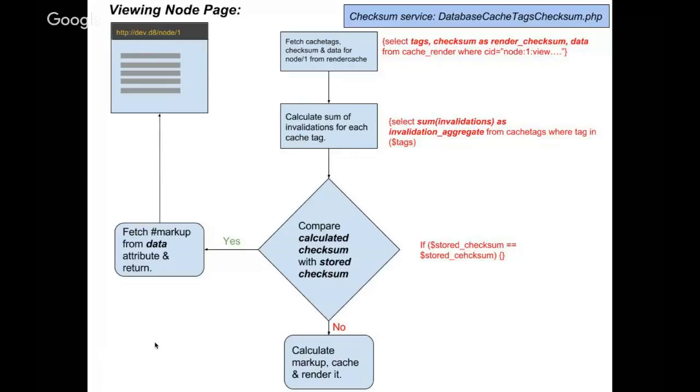So for example, let's say I go ahead and edit node/1. Drupal will go ahead and update the integer value for node:1 and bump it by 1. So let's say previously the integer value for node:1 in the cache tag table was 1, it will become 2. The next time a user tries to visit the node/1 page, the value for the calculated checksum and the stored checksum would not match, and it would invalidate the cache.